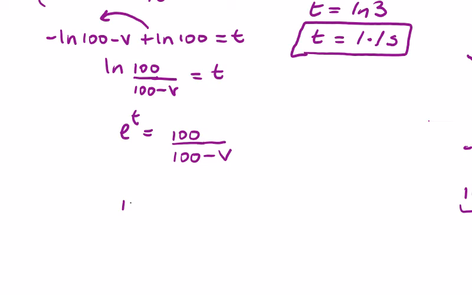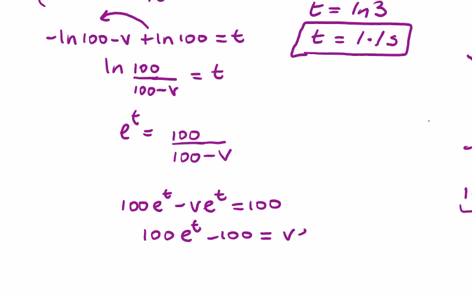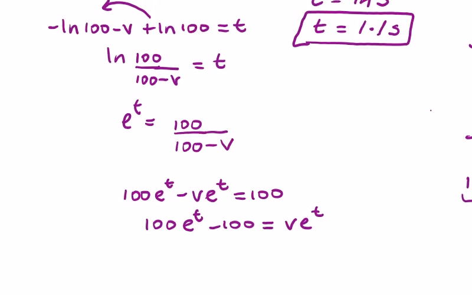So we're going to get 100 e to the power of t by both of these, minus v e to the power of t is equal to 100. So 100 e to the power of t minus 100 is equal to v e to the power of t.